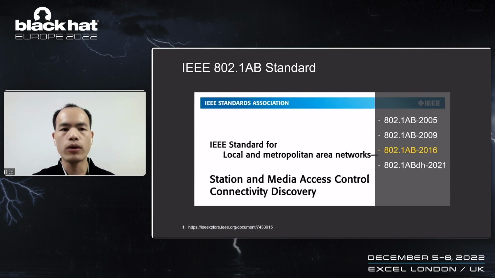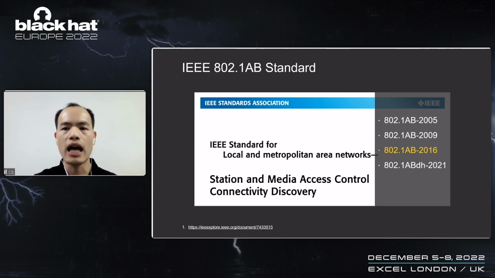The LLDP protocol is formally referred to by the IEEE as the Station and Media Access Control Connectivity Discovery, specified in IEEE 802.1AB. The standard has 3 versions, 2005, 2009, and 2016.